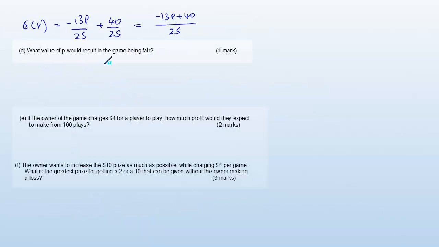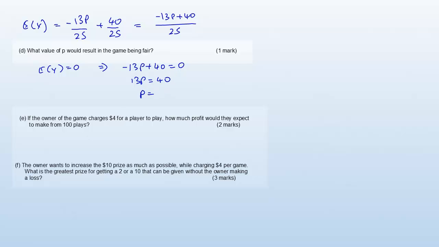What value of p would result in the game being fair? Well, we want the expectation of y to be equal to 0, which means that negative 13p plus 40 must be equal to 0. So 13p is going to be equal to 40.